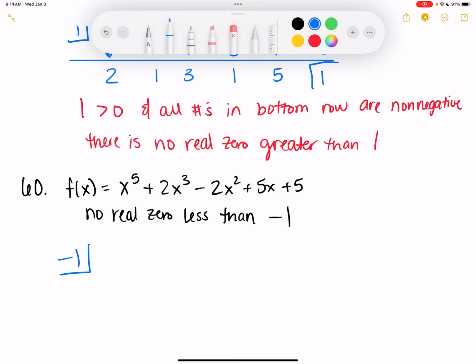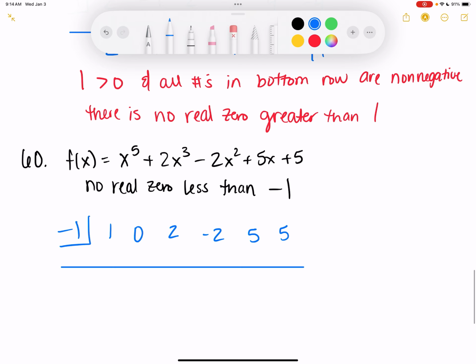I'm missing the x to the 4th term, so I have to put in a 0. So I've got 1, 0, and then 2, negative 2, 5, and 5. So bring down the 1. 1 times negative 1 is negative 1.